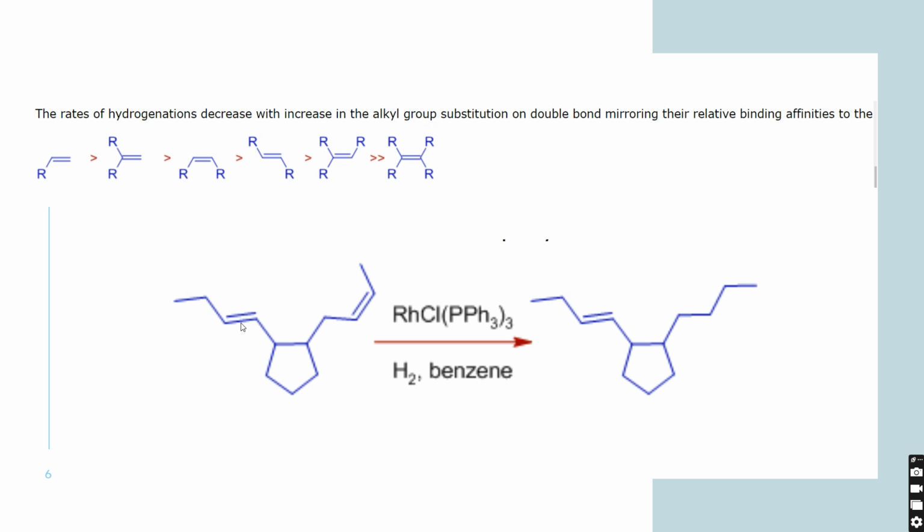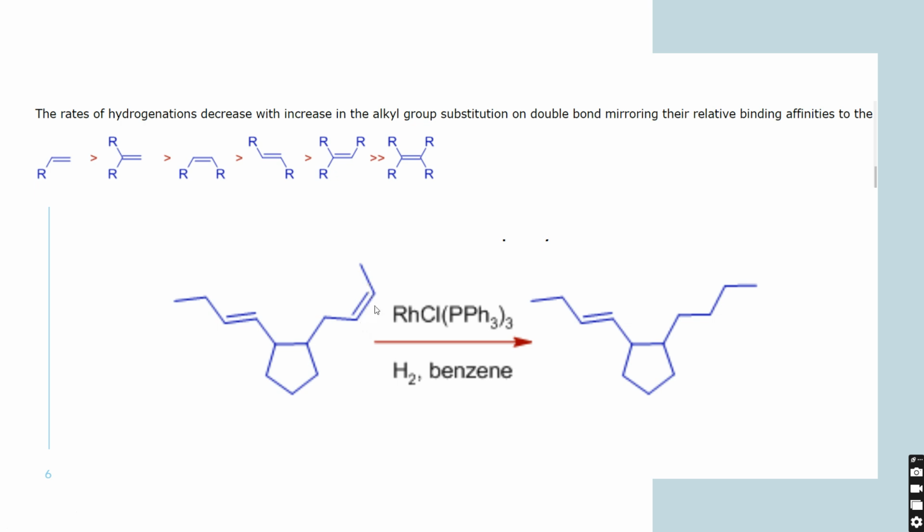Looking at these relative binding affinities, you already know that cis double bonds are more readily reduced than trans, because of the steric interactions between the catalyst and the substituents on the olefin. So when we take only one equivalent of the Wilkinson catalyst, the cis double bond will be more readily reduced.